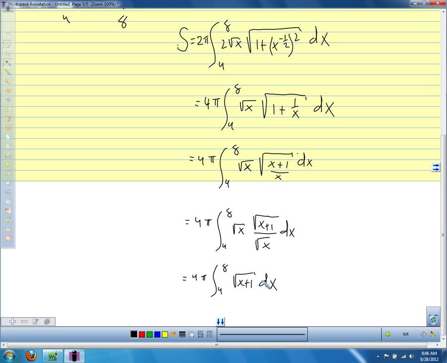I'm not going to go through the evaluation. But I wanted you to see this little algebra involved here, because often when you have radicals and problems that involve arc length or surface area, the textbook likes to give you this kind of thing and make you go through that little manipulation to evaluate your integral.